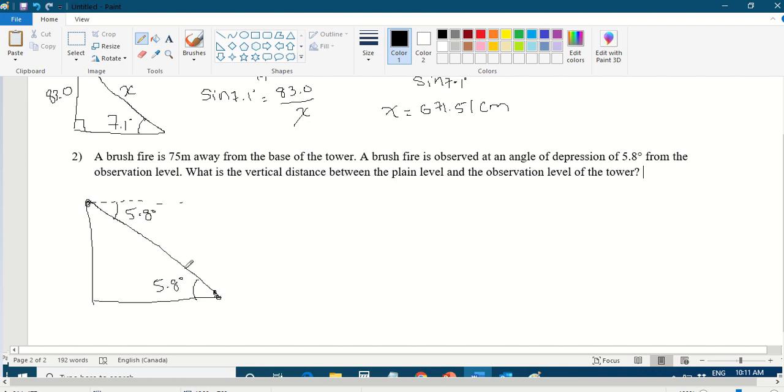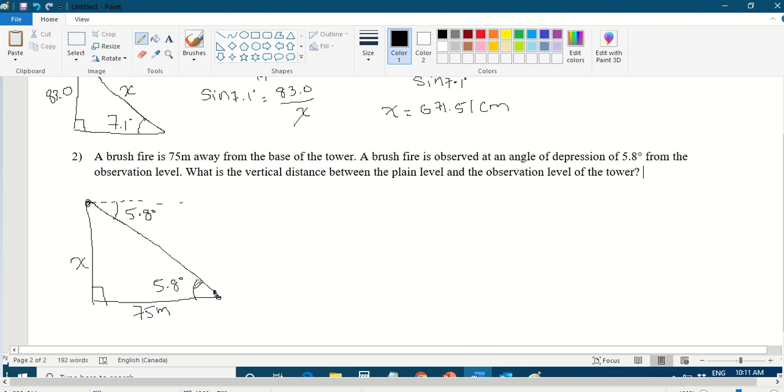So this will be 5.8 degrees. This is the one we want to find, the vertical distance between the plane ground and the observation deck. And we are told the brush fire is 75 meters away from the base of the tower. So that is this distance right here.